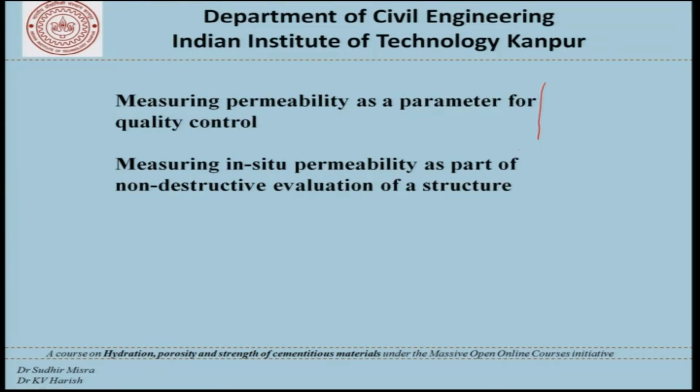Sometimes as engineers, we are also called upon to measure the in situ permeability of an existing structure, which could be 10 years or 20 years or 40 years old, and try to figure out, as part of the non-destructive evaluation of that structure, what is the extent of permeability in that structure.